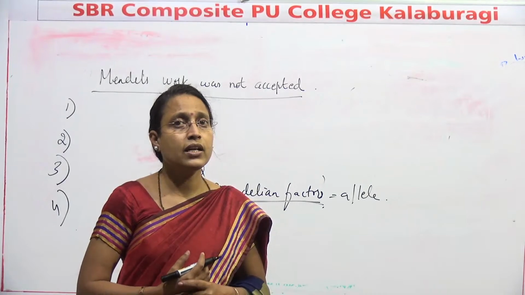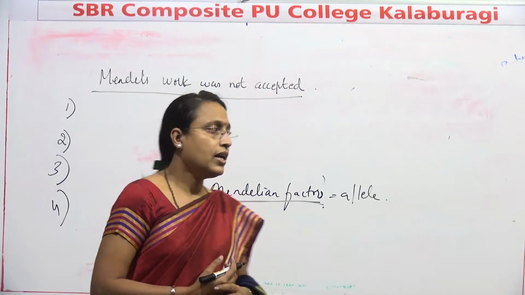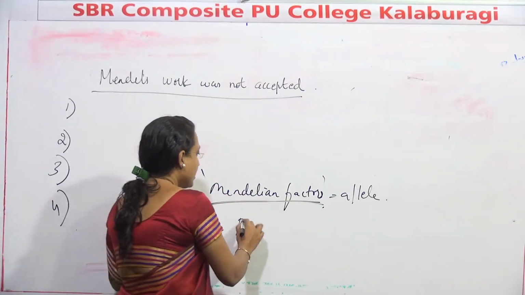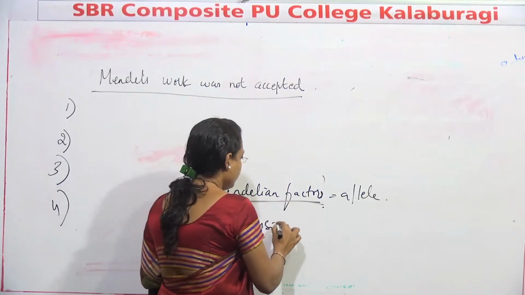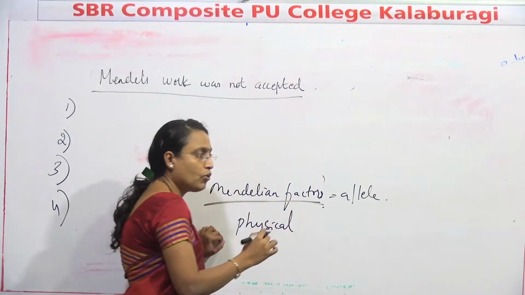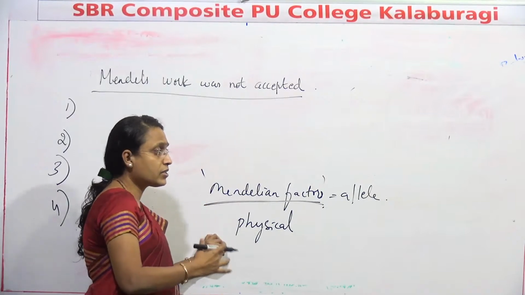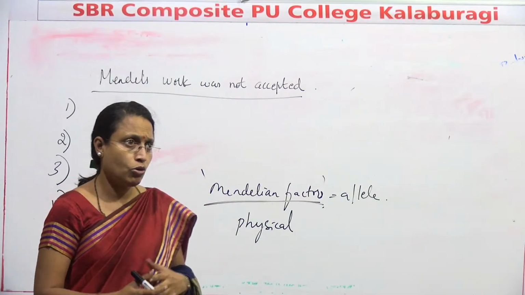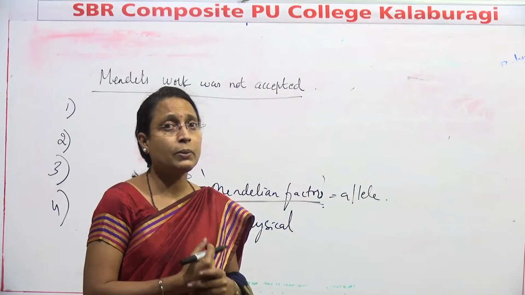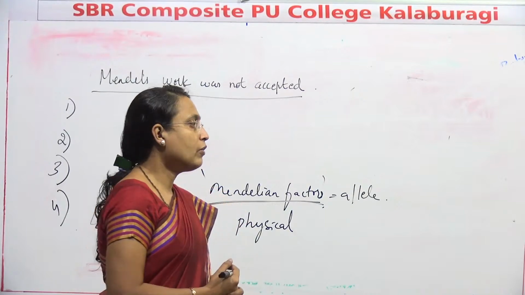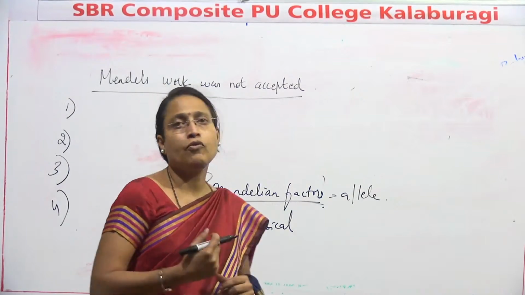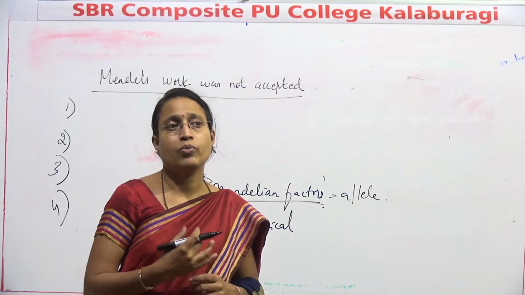That means physical proof was not provided: physical existence, physical proof for the presence of these factors. Where is it present? Inside the chromosome or inside the cytoplasm? Where is the factor actually present? He couldn't provide the proof for it.